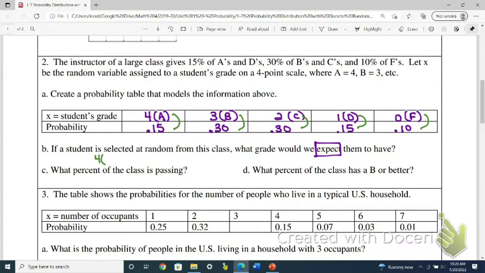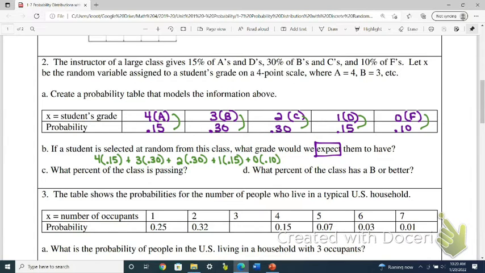Four times 0.15 plus 3 times 0.30 plus 2 times 0.30 plus 1 times 0.15 plus 0 times 0.10.